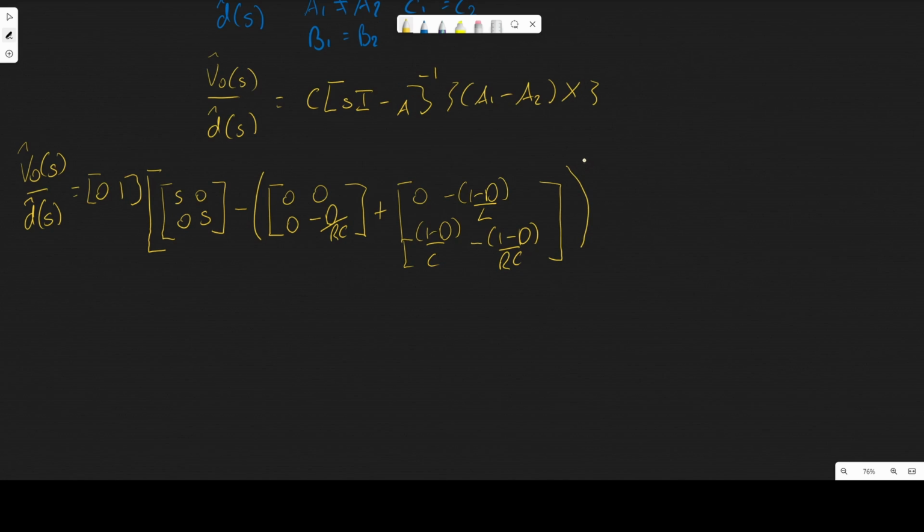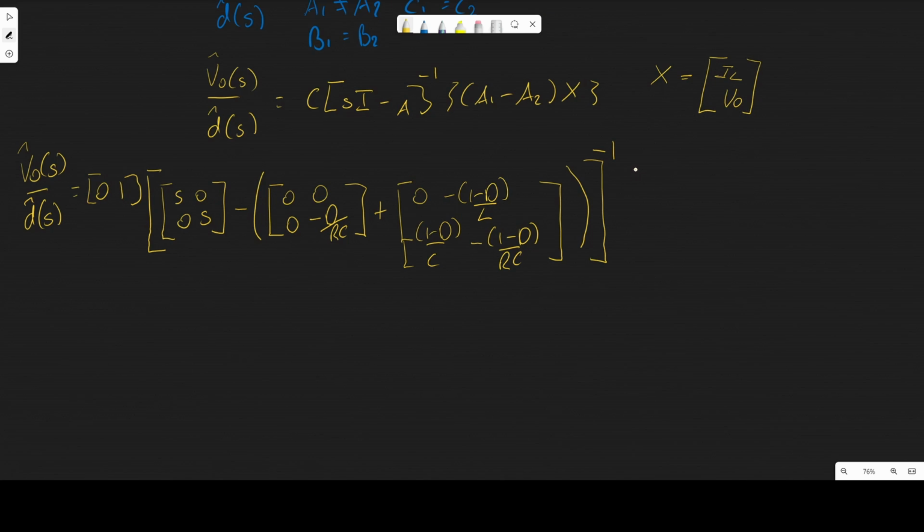Now we take the inverse of this entire matrix and multiply by the steady state values of X. So X in this case is equal to the steady state of IL and the steady state of V out.